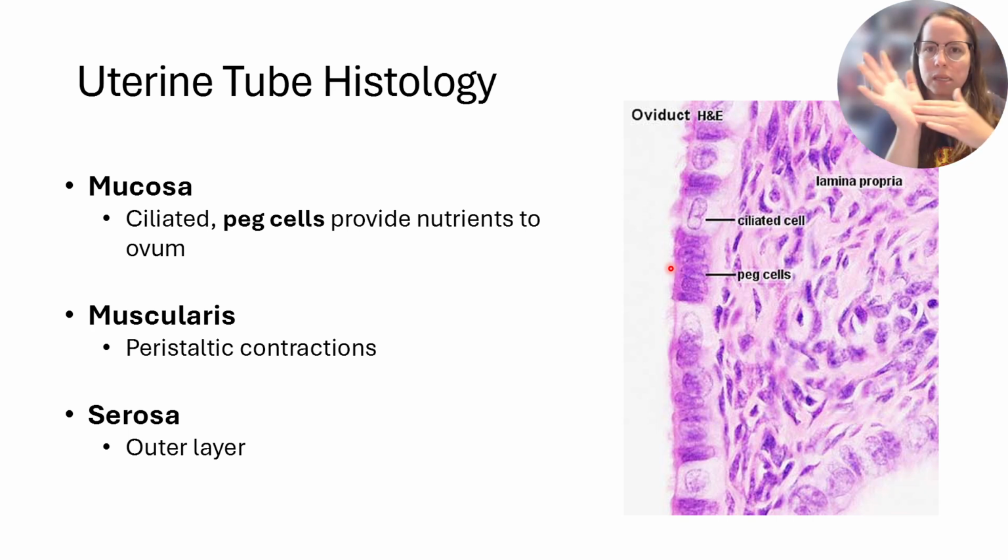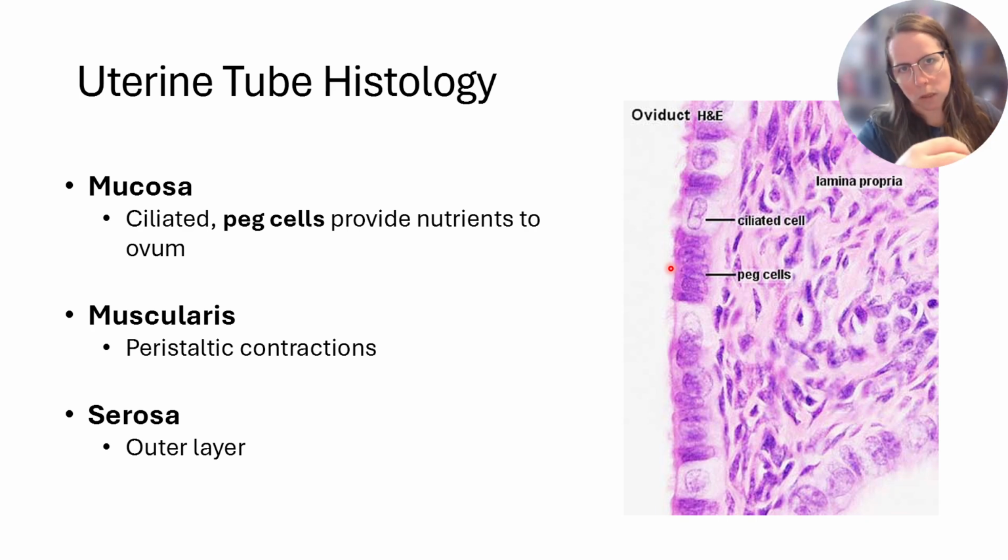So we use the cilia and these peristaltic motions of the muscularis to move the egg towards the uterus. We also have specialized cells here called PEG cells that are providing nutrients to that developing ovum. So as it's going through all of its different stages of cleavage and blastocyst formation, it has nutrients and energy to do that.